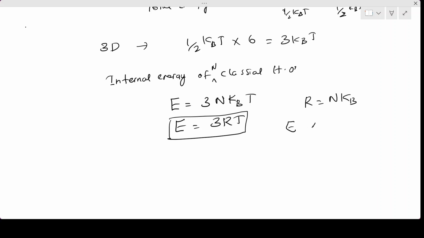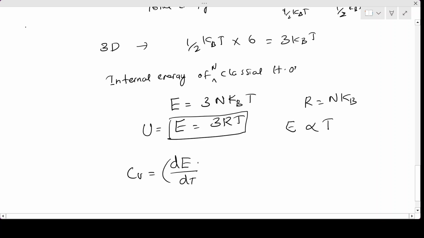So you can see that the energy is proportional to temperature. If we consider this total energy as the internal energy U, the specific heat at constant volume will be dE by dT. When you differentiate this, you get 3R.